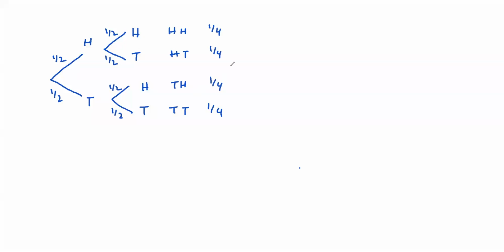When you have this sample space, you would be happy to know that the sum of all these probabilities will also be equal to 1. Okay? Now this is a simple tree diagram.